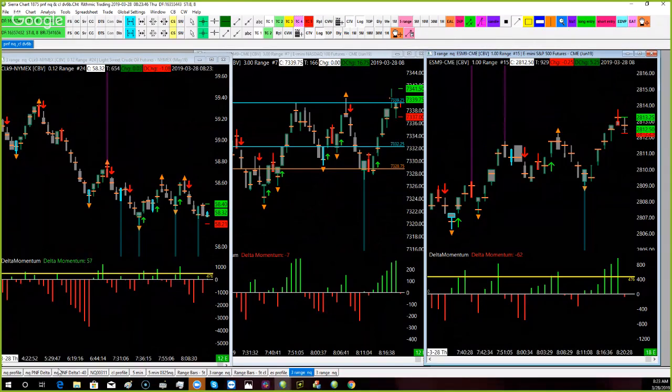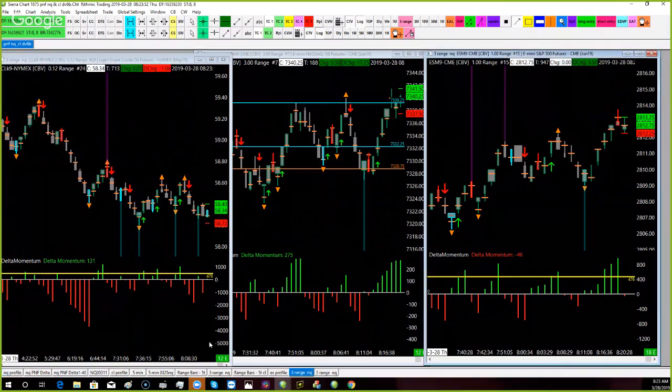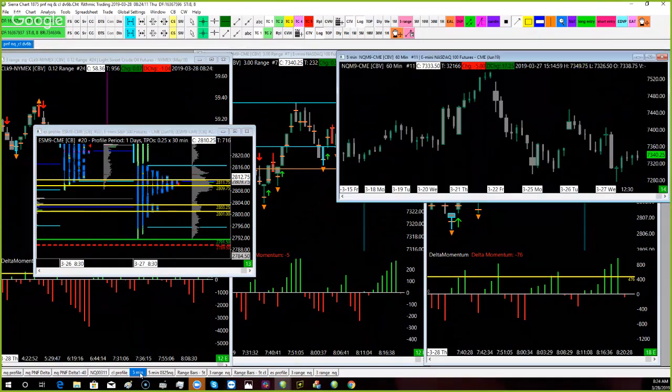What is it that I did with my ES profile? Okay, I know I changed these around. There we go. So I should have a corresponding 5-minute chart that says ES, but I do not think I do. Here's how I'll fix that.